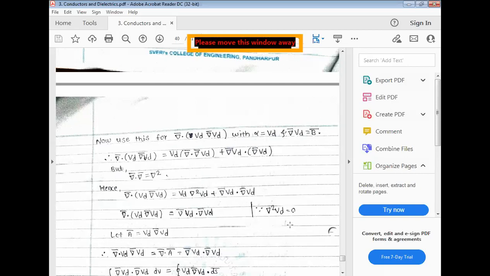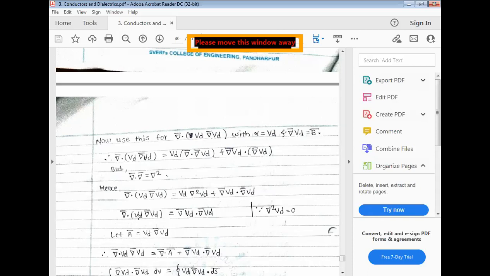But what is Laplace's equation? According to Laplace's equation, the potential V satisfies del square V equal to 0. So to satisfy Laplace's equation, we are making this term 0, that is del square Vd becomes 0.